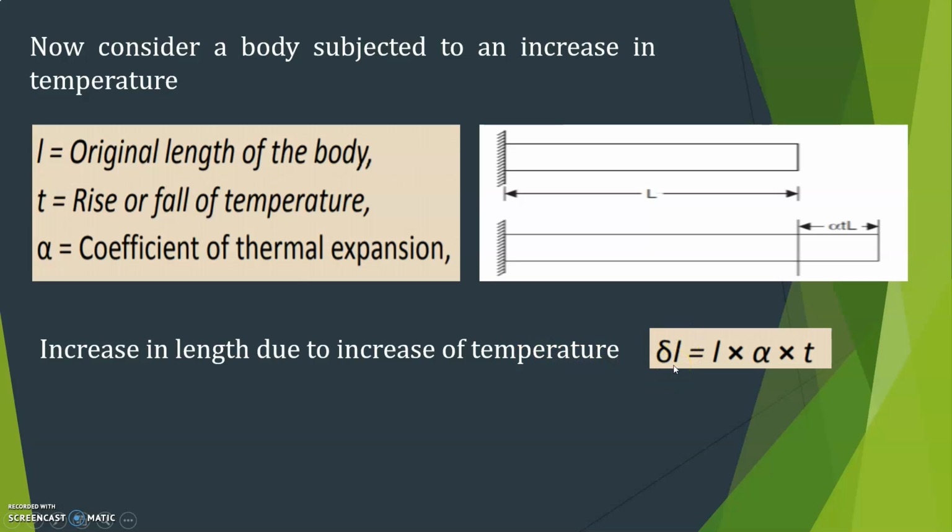How you used to write delta L is equal to PL divided by AE. But here, because of the temperature, you have to calculate delta L is equal to L into alpha into T, where L is the original length of the body, alpha is the coefficient of thermal expansion, and T is the rise or fall of temperature.